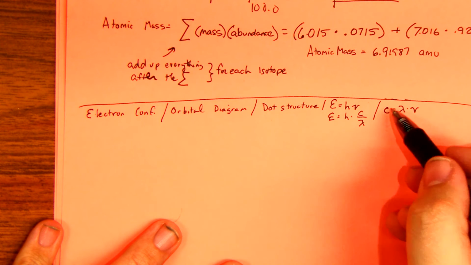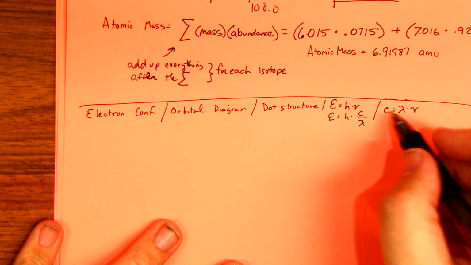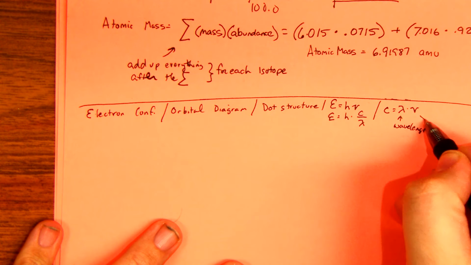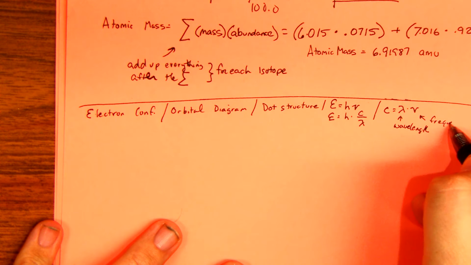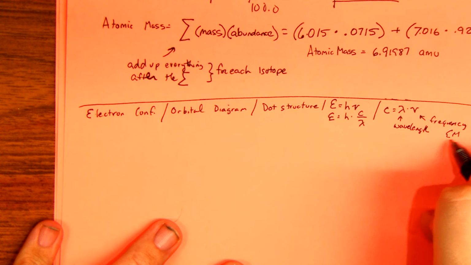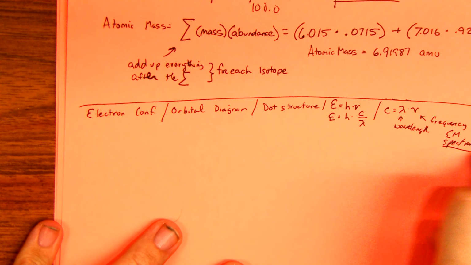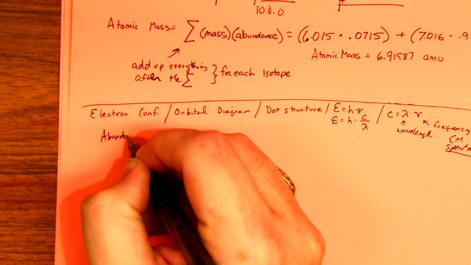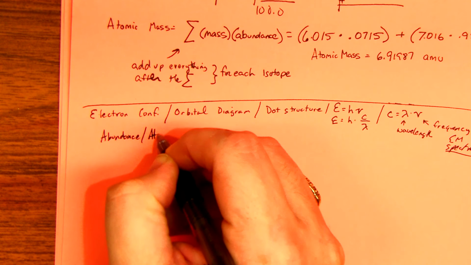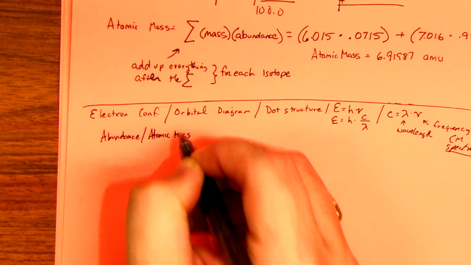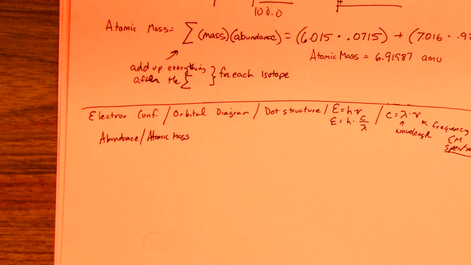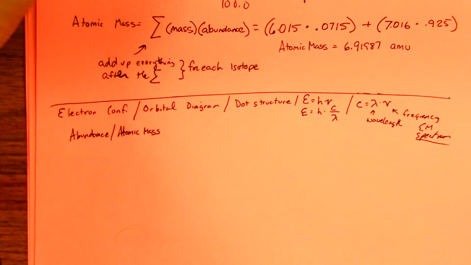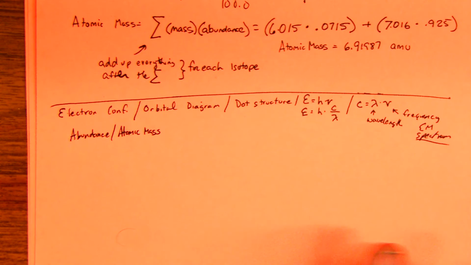This guy right there is wavelength. That guy over there is frequency. And that's in your EM spectrum. And abundance and atomic mass. So when we take the math portion of everything, that's what's going to be on there. So if that's going to focus you, or any questions that you have.